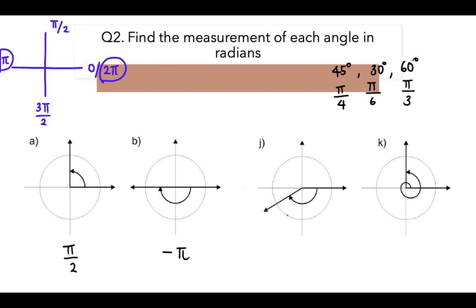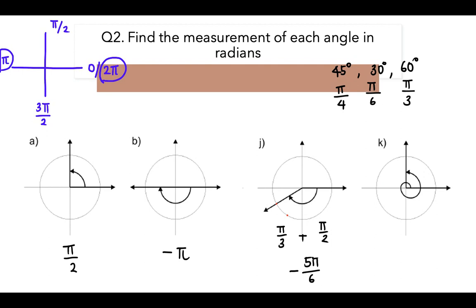Because this is 2/3 of 90, it's pi over 3, and it's greater than 90, which is pi over 2. If I add them together, 90 plus 60 degrees with the common denominator, it's 5 pi over 6. Because it's clockwise, it's negative 5 pi over 6.